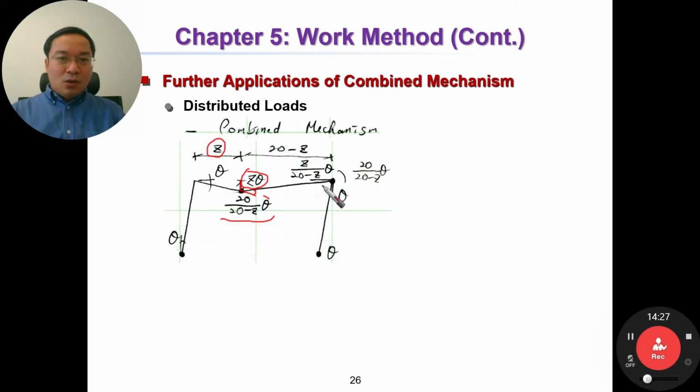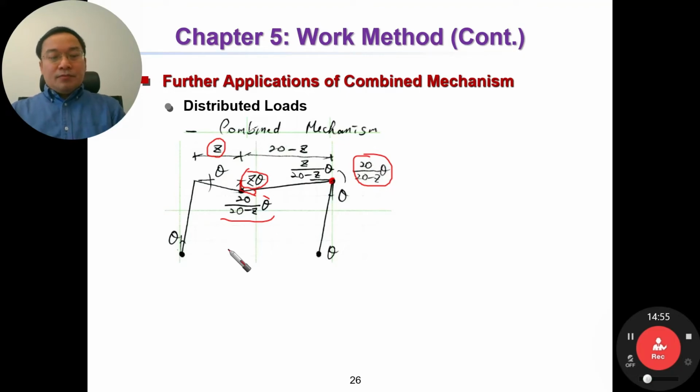Then the whole angle here is 20 divided by 20 minus z, times theta. Okay, this one plus this one. So here theta, then here is this one, and this distance is z theta, and this rotation is this.